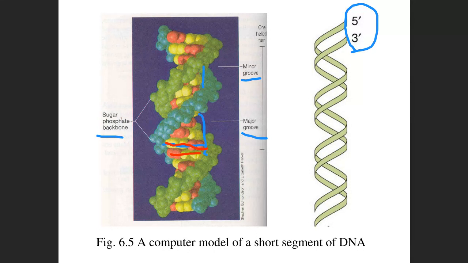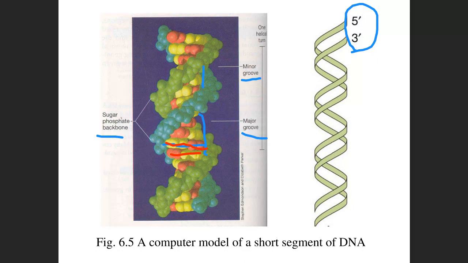And so that explains why you have a major groove and a minor groove. So now you understand the function of the major groove is for interacting with protein. And now you understand why you have this major groove and minor groove business. And now if you turn to the ribbon format, you can see why the DNA is drawn this way, right?